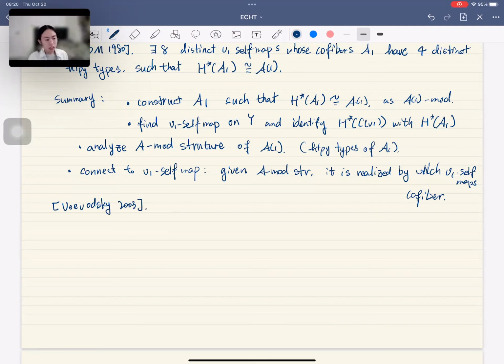So Voevodsky gives the notion of motivic homotopy theory over a field where you start with the algebraic varieties over the field and consider the simplicial sheaves, and then do some gadget to make the affine line contractible.